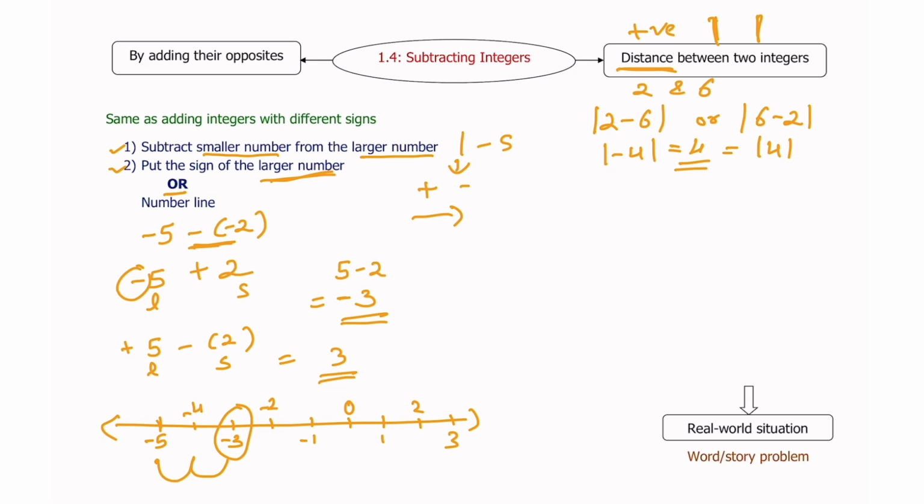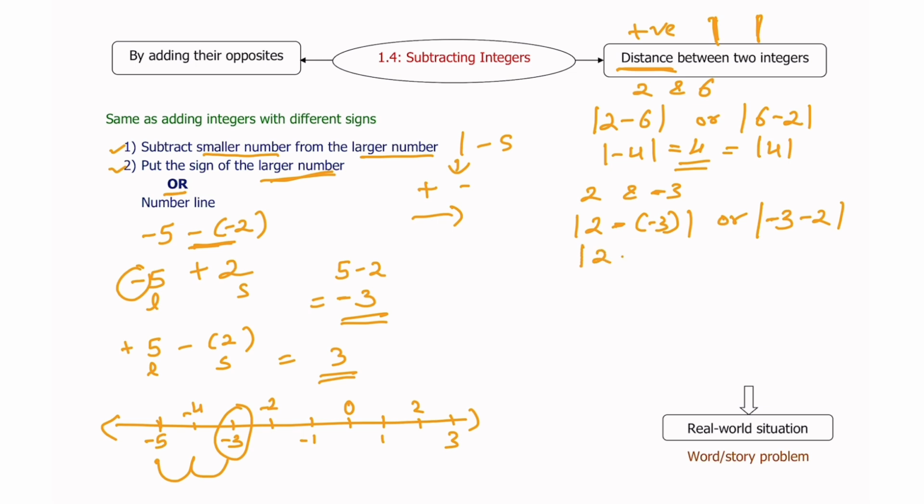Let's try with one positive and one negative number. 2 and minus 3. We do the same process. 2 minus, now this will be minus 3 like this because minus 3 is given to us as a number. And to find distance, we have to do this subtraction here. Or as we did before, we'll do minus 3 minus 2. This minus is because of this here, and minus 2 because we are finding distance, so we put a minus sign there.